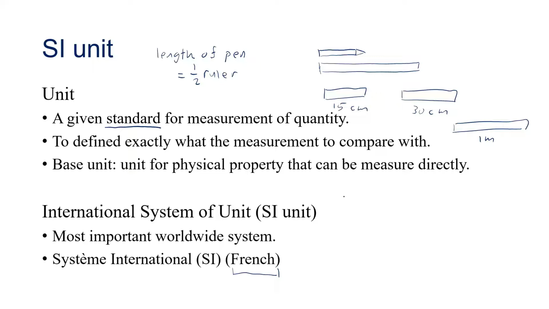As I said, we need to have a standard across the world so that everyone can understand what we are talking about, exactly how long 1 meter is. This is a very important thing actually.